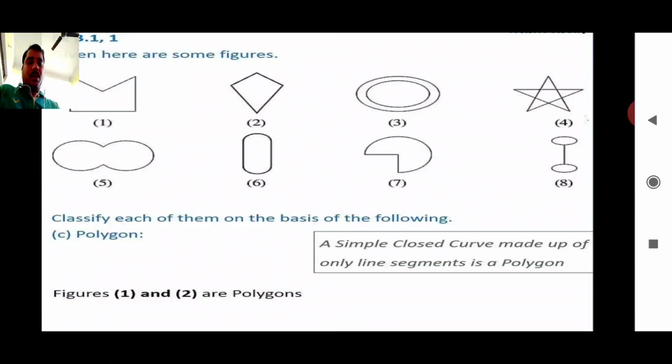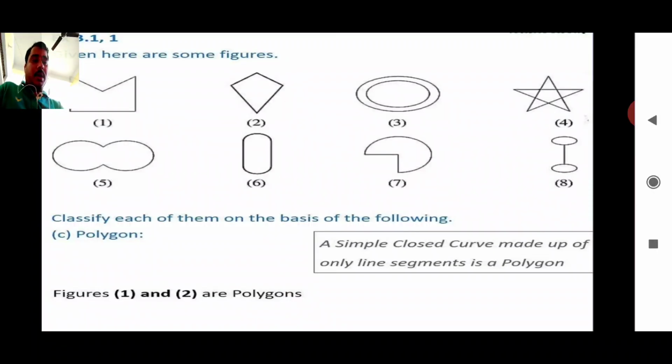Third part, classify each of them on the basis of the polygon. What is a polygon? A simple closed curve made up of only line segments. Means in the first part you see a simple curve, then closed curve, then in the third part a simple closed curve made up of line segments. So which are the simple closed curves?